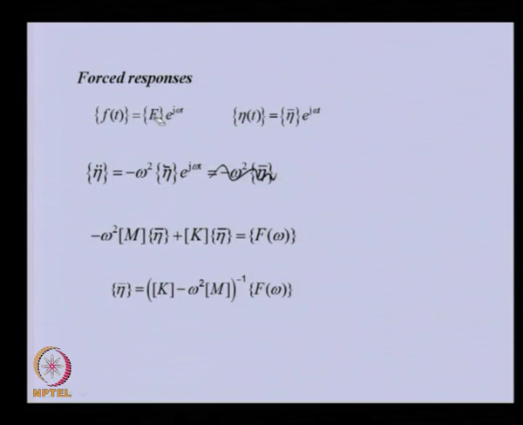Now, if we substitute this in the equation of motion, it will be of this form. All the e^(jωt) terms will be common, that will go out. So, basically this equation is now in the frequency domain, and because this is common, we can take this common, and whatever the terms within that we can take inverse of that, multiply by the force. This will be the unbalanced response.